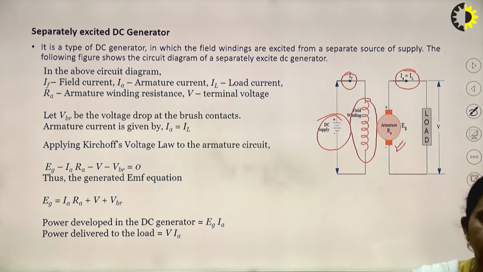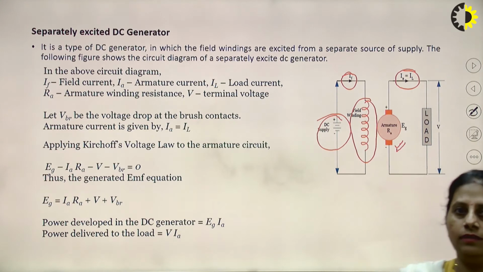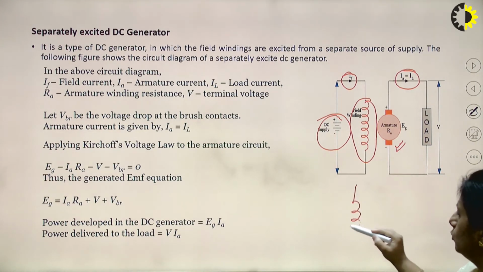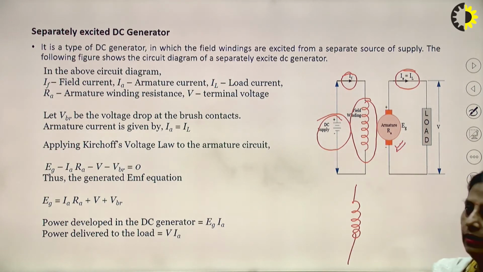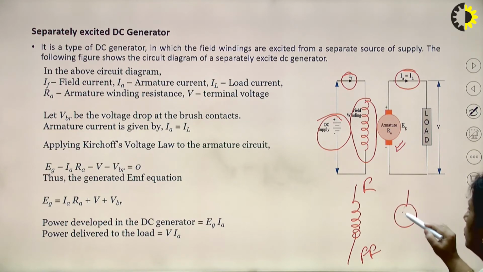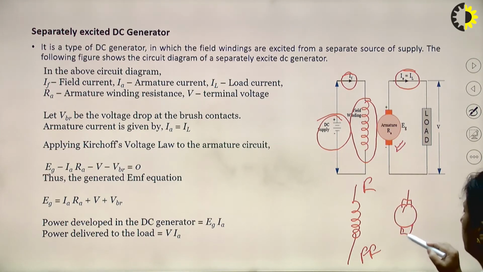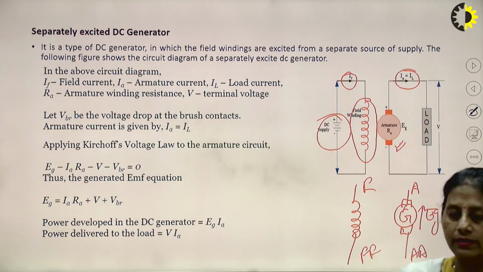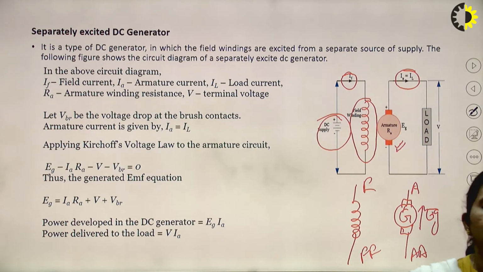The symbolic representation for a DC generator is given by the 2 most important things: one is the field, given by F, FF, and another one is the armature with the brushes. It's a generator, induced EMF EG. The terminals are noted as A, A, A. This is a symbolic representation for a DC generator.